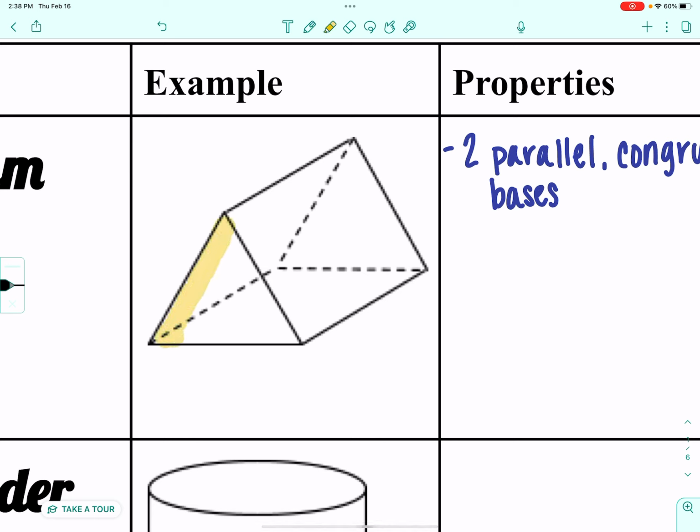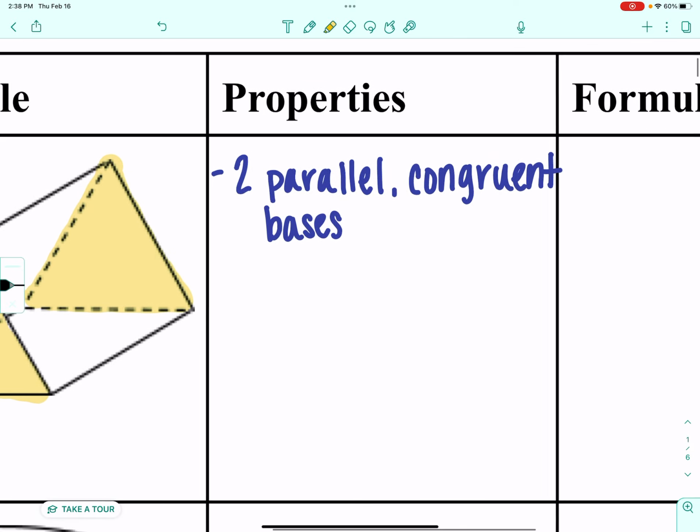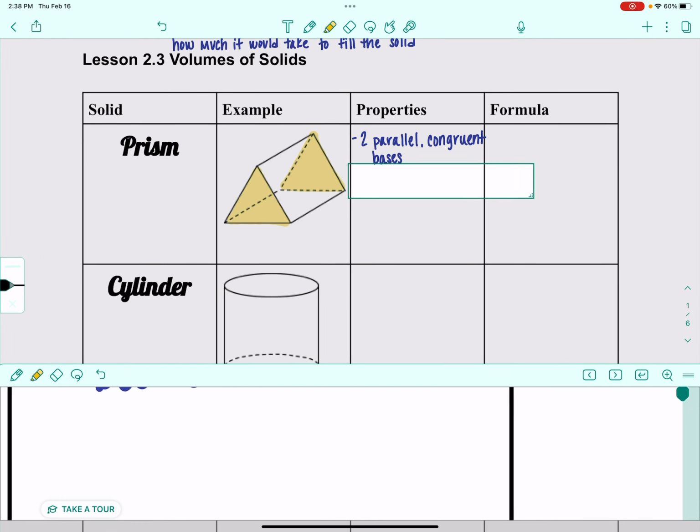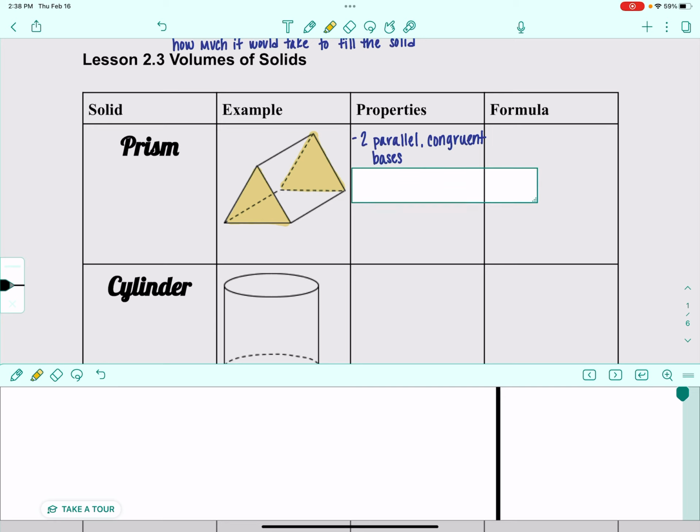In this case, our bases are the triangles. That may not always be the case. You could have hexagons, you could have squares, you could have rectangles, but you need to be able to identify the base.